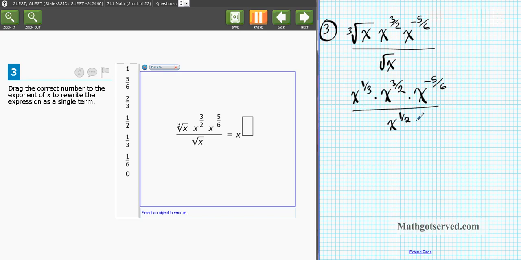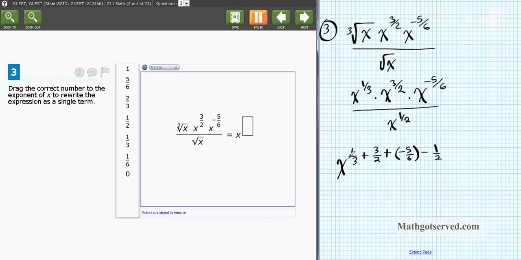And when you're dividing, you subtract. So this is going to be written as x to the 1/3 plus, for this multiplication here, 3/2 plus, for this multiplication here, -5/6 minus, because this has been divided by, 1/2.